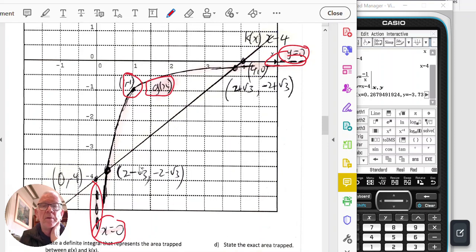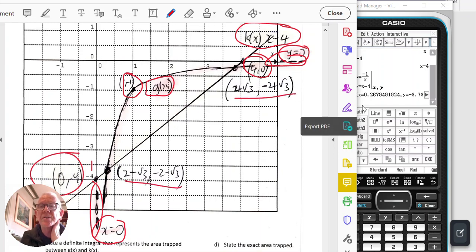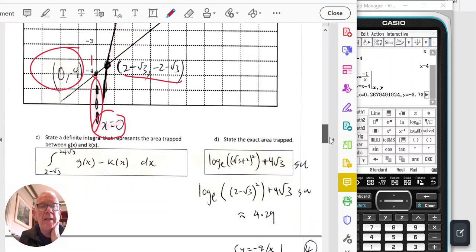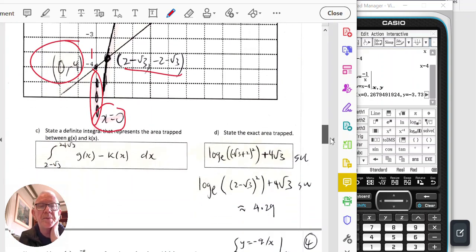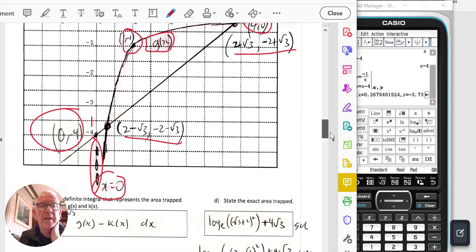And for the k of x, I've labelled the equation, the x-intercept, and the y-intercept. And I've also put the coordinates of the intersection points there. Okay, and they've said, write a definite integral that represents the area trapped between g of x and k of x. We're looking at this area here.